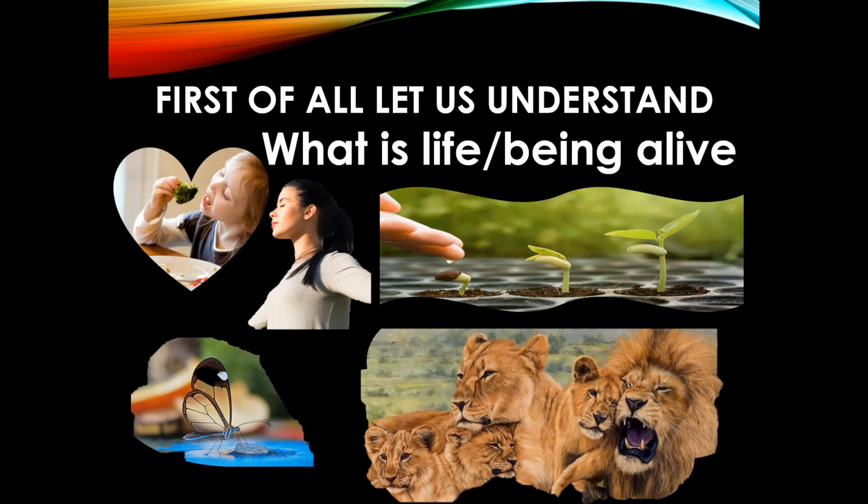Life or being alive has 7 main criteria, that is uptake of nutrition, then growth, respiration, reproduction, sensitivity, and excretion. Any entity that shows all 3 criteria, all 3 properties, is considered living.